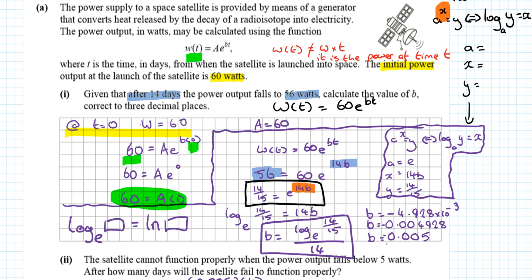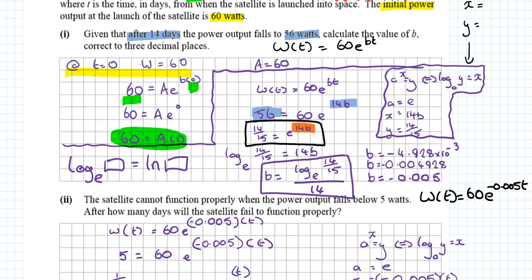So you can leave it as minus 0.005. Okay, so again, we now know what b is, so we should rewrite our formula. It's W of t is equal to 60 e to the minus 0.005t.